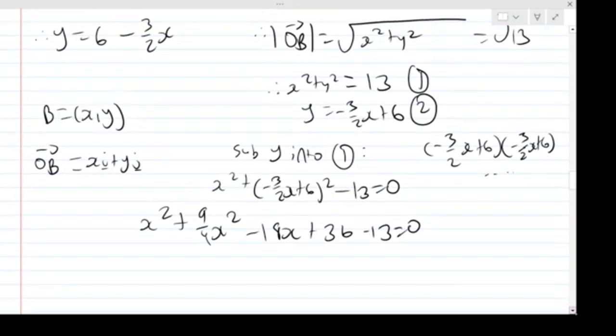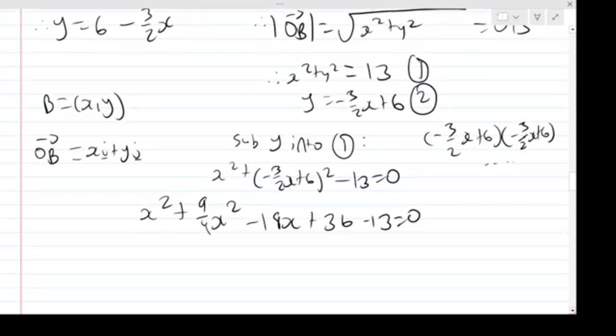So we expanded the bracket, and we've got this. We can then simplify some stuff. So x squared plus 9/4 x squared is going to get me 13/4 x squared, minus 18x, plus 36 minus 13, which is plus 23, equals 0.